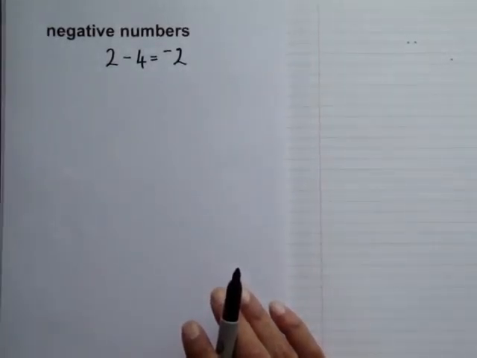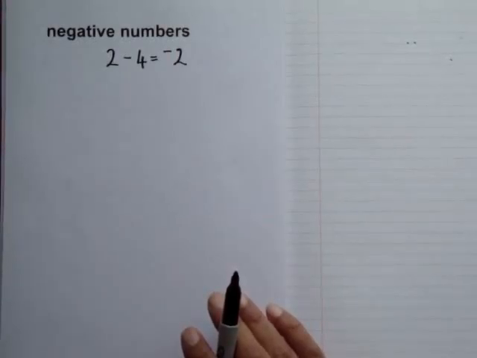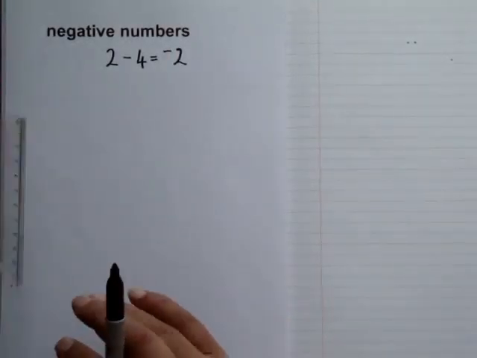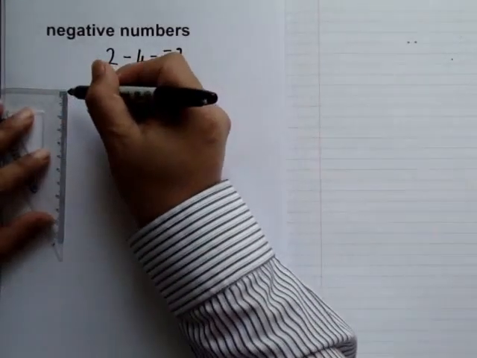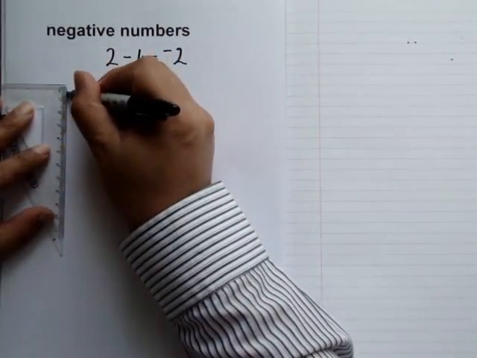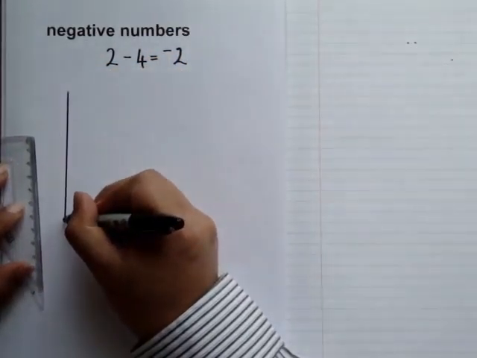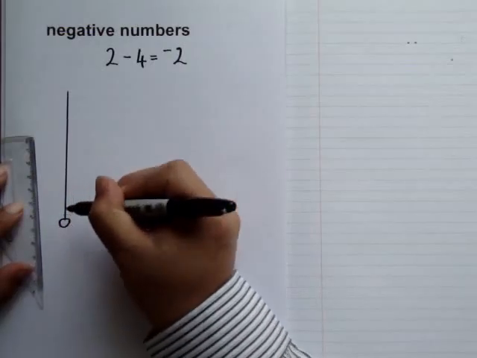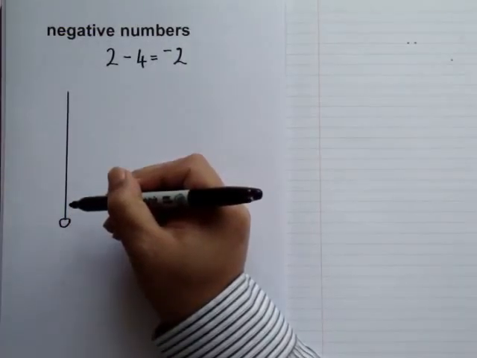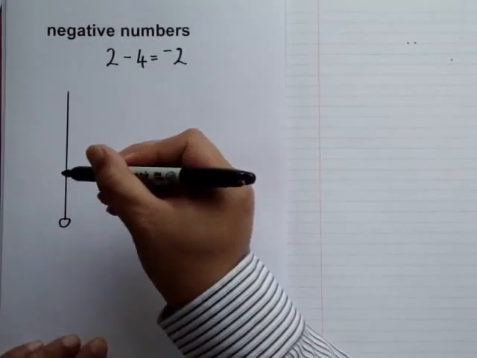The relationship is often expressed in the form of a number line, but what I'm going to do is use a vertical number line to represent, say, the readings on a thermometer which has a positive and negative scale.